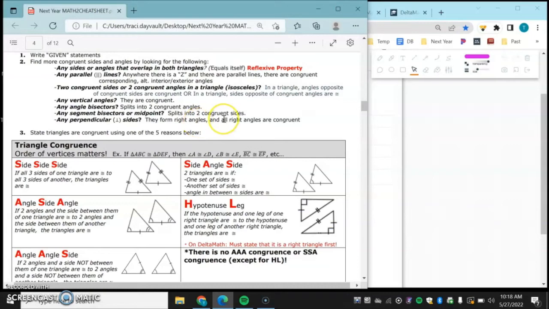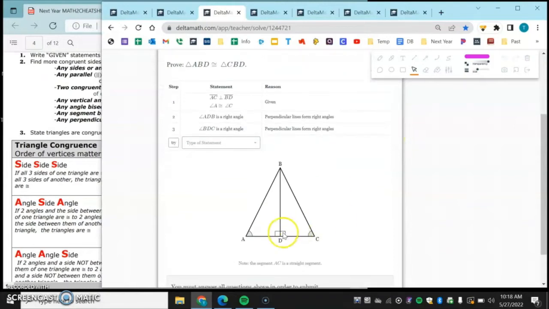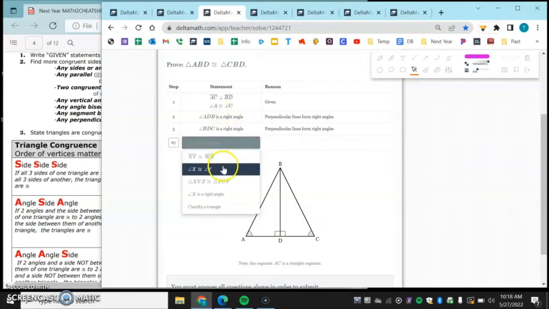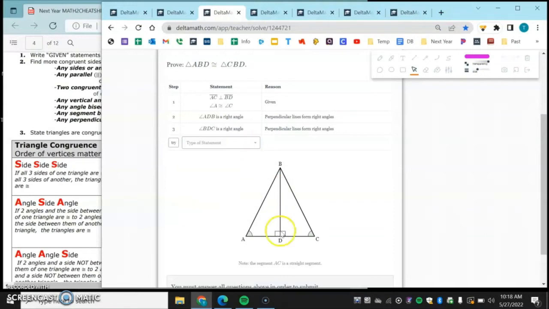On Delta Math, though, you still have to say all right angles are congruent. So just because you have said that this is a right angle and this is a right angle, you still have to say that they're equal to each other. So yes, we know that these are both right angles, so obviously they're equal, but we do need to tell Delta Math that.